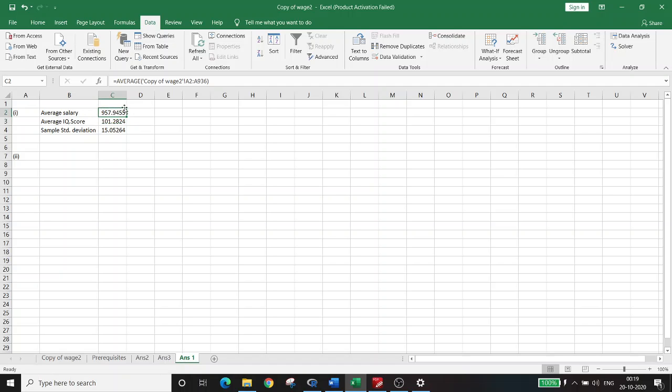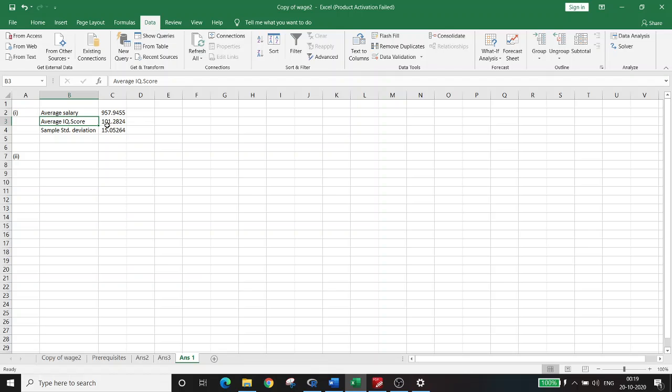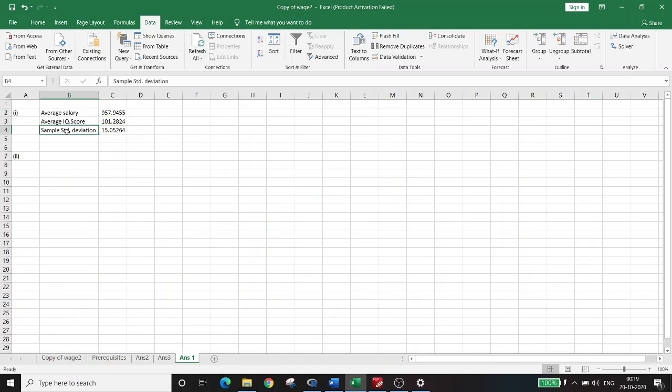So the average salary is nothing but you apply the average function on the observations given under wage. Similarly, you apply the average function on the observations given under IQ score. And finally, we are talking about the sample standard deviation of IQ score.